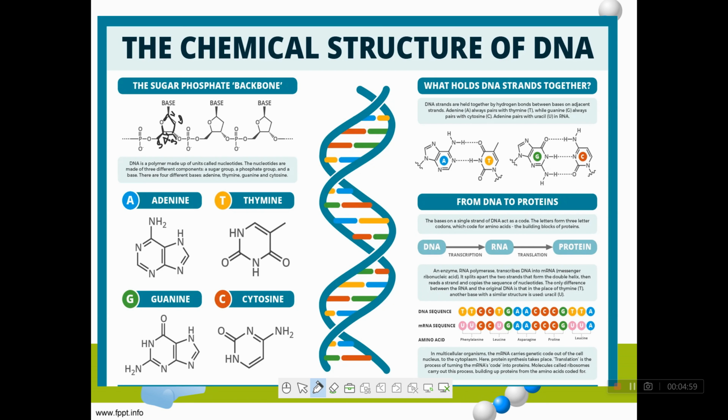At the 1' position a base will be attached. This base means nucleic acid base, like adenine, guanine, cytosine, thymine. At 1' this base is attached, and at 3' a phosphodiester bond will be formed.